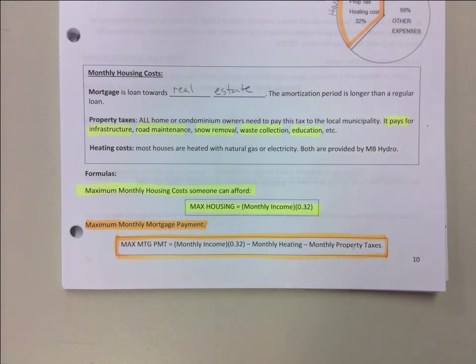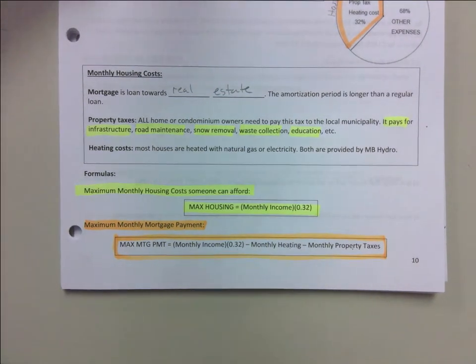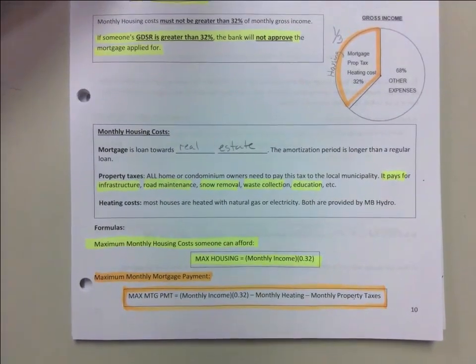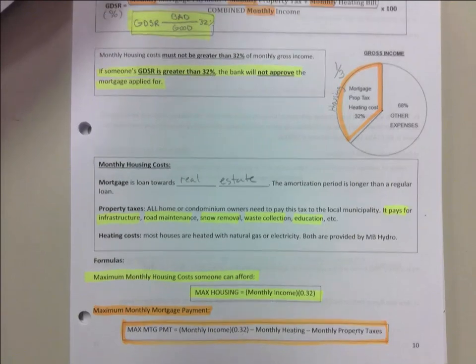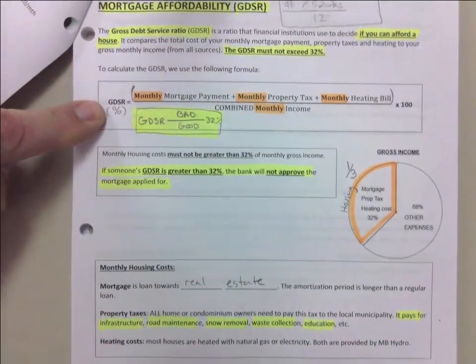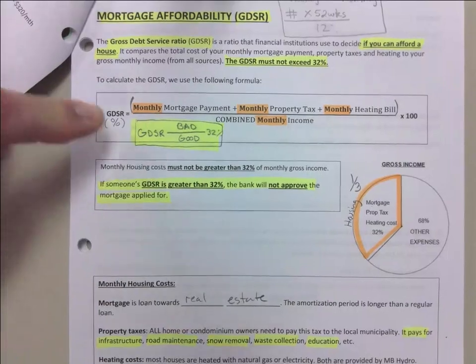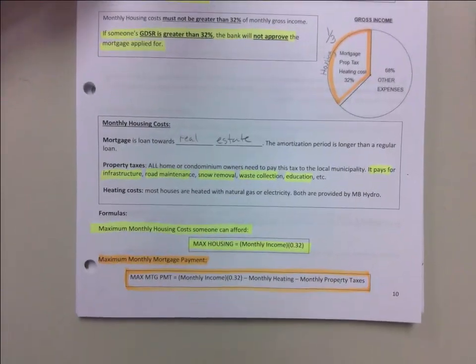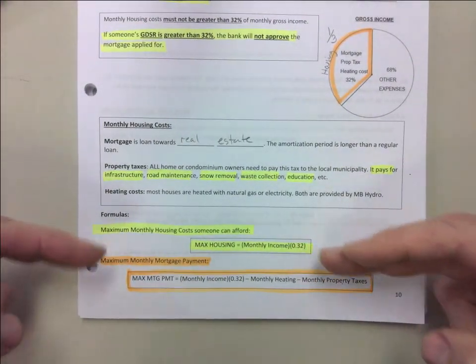Before I continue, this is how important this is. I'm going to stop here. I'm going to ask you to right now grab your study sheets. You might have to change it. I don't care. Put this formula down right here, the very top one, and the two formulas that are way at the bottom of this page that I have in yellow and in orange.